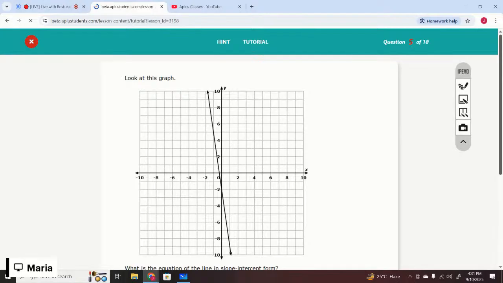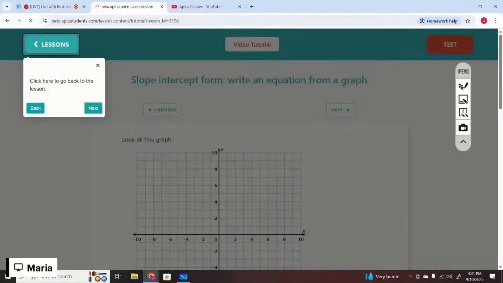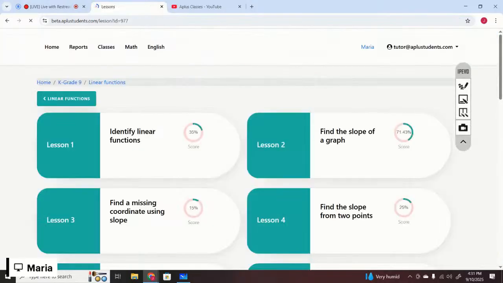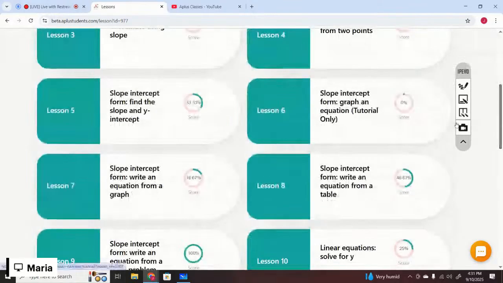Let me just move on to the next lesson. Slope intercept equation from a table.